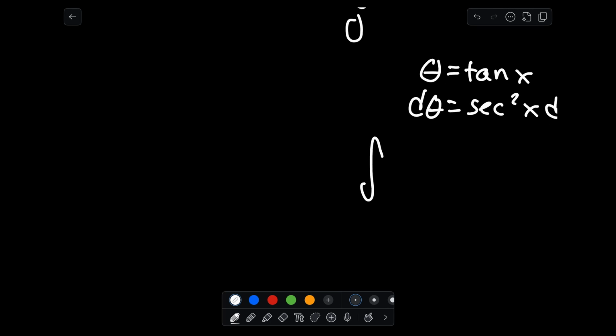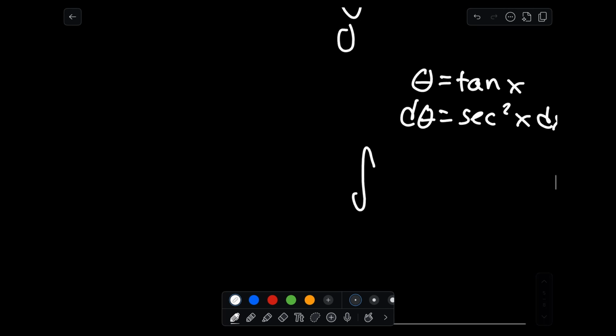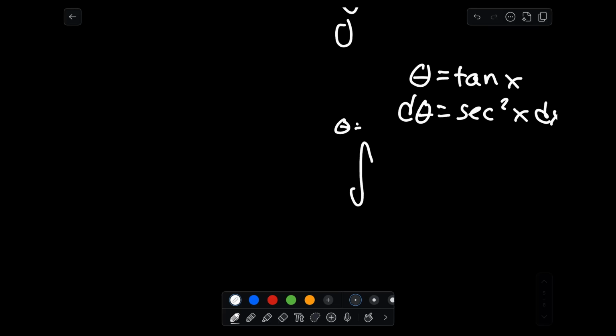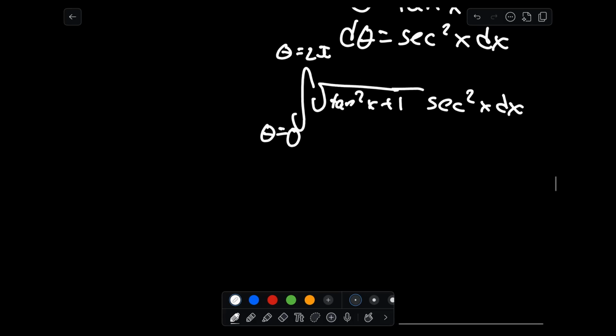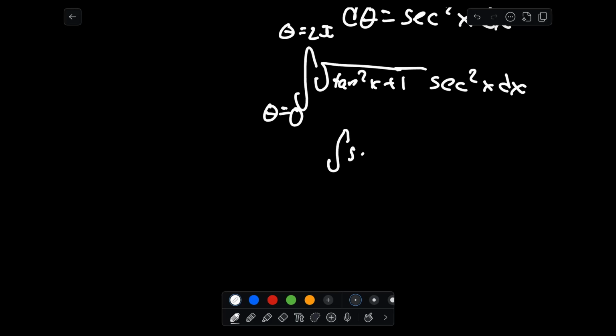I'm going to leave the limits as is for now. This is going to become the square root of tan² x + 1, times sec² x dx. This becomes sec³ x dx.